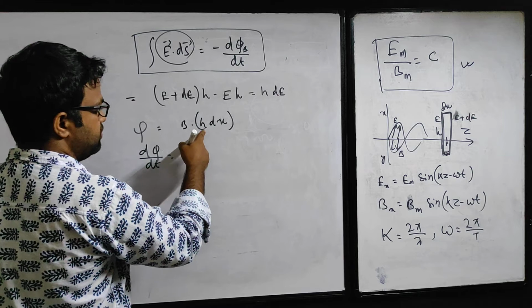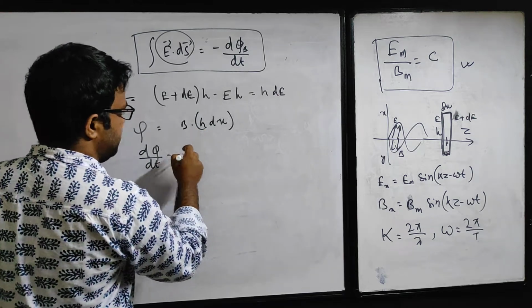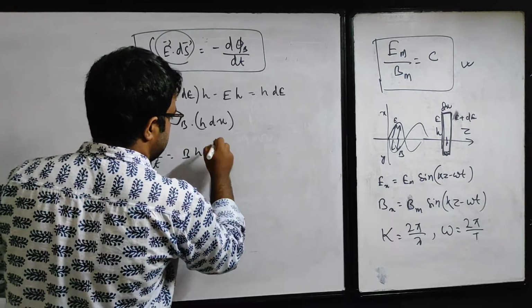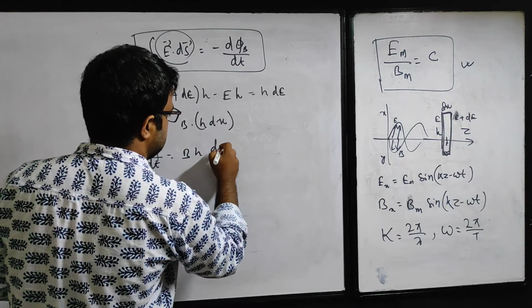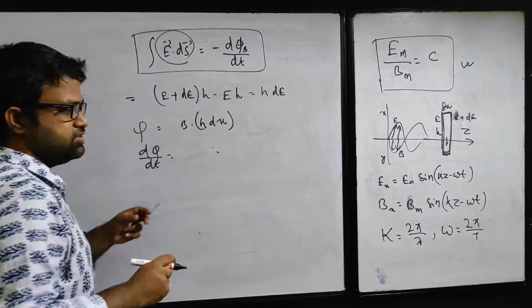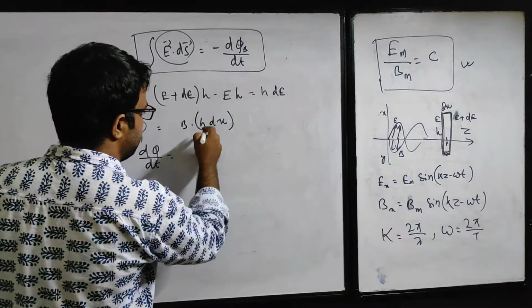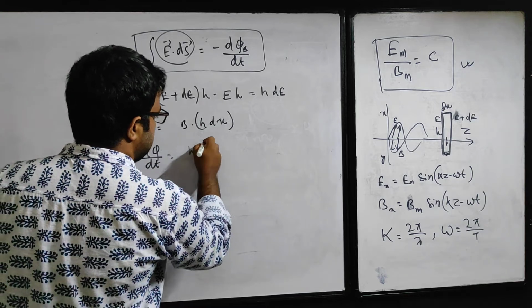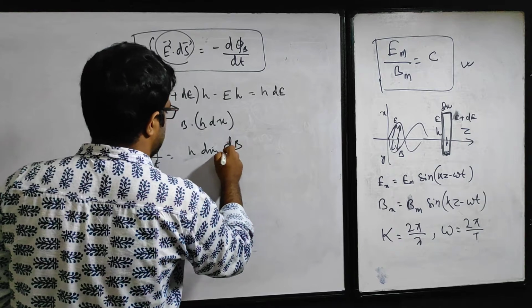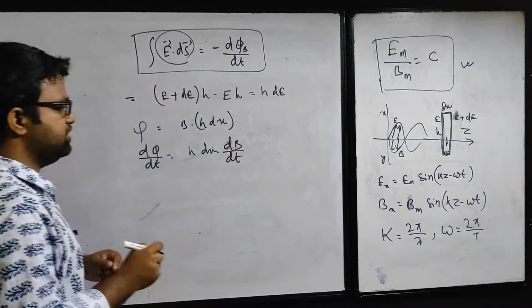H and dx are constant, but B is changing, so it is H dx dB by dt.